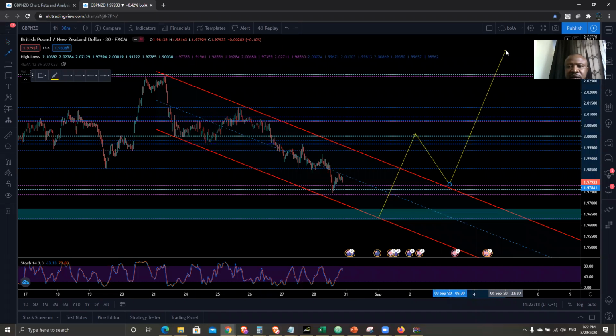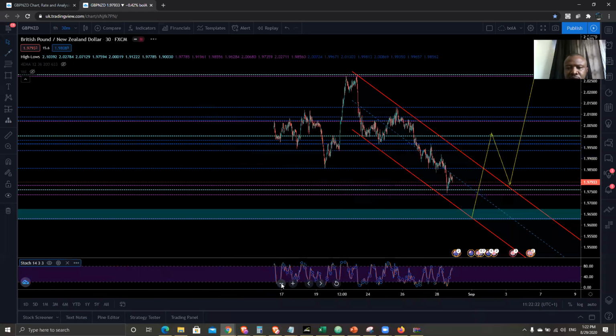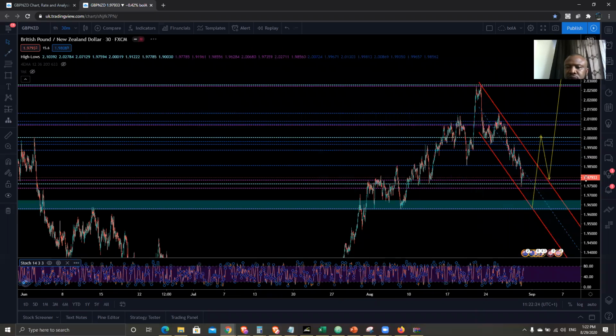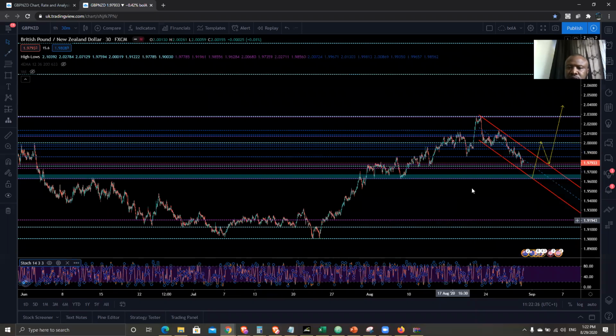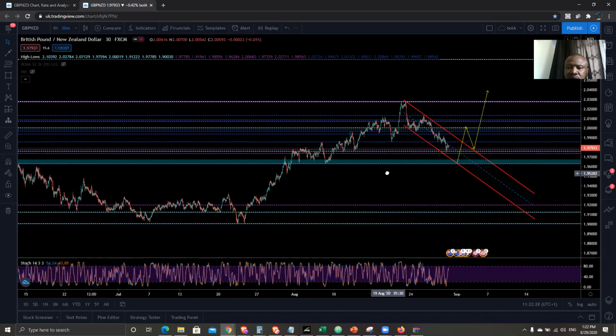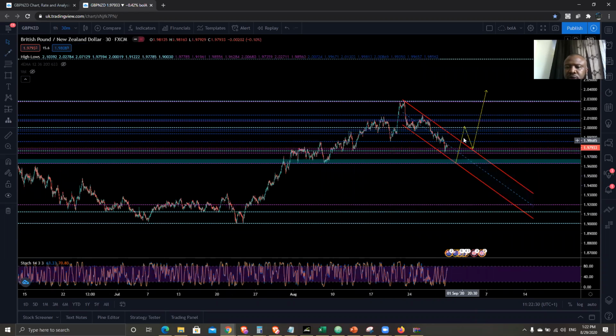And why is that? So if I buy here, my direction would be to eventually see us breaking this. But the first area where I'm going to be taking profit is when we hit this area as well. So I'm not just going to anticipate that we're going to break out.